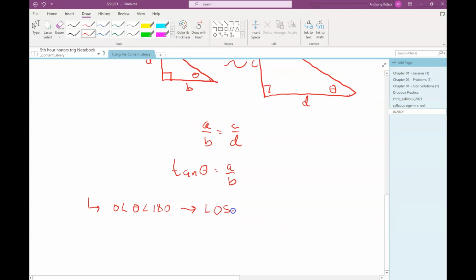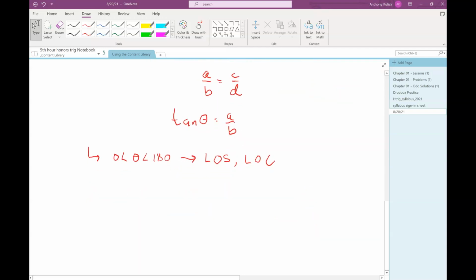We had the law of sines and law of cosines that allowed us to do sine and cosine inside of non-right triangles, but it was still tied to a triangle, right? So the first thing that we're going to do in this, well, not the first thing, but the first thing we want to do for trigonometry is we want to start building out this definition to extend beyond triangles.